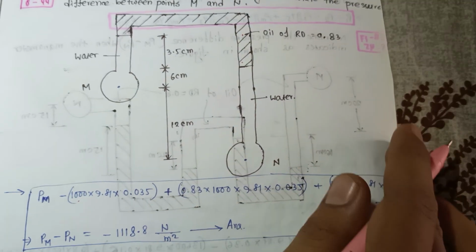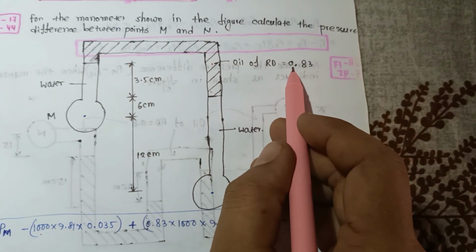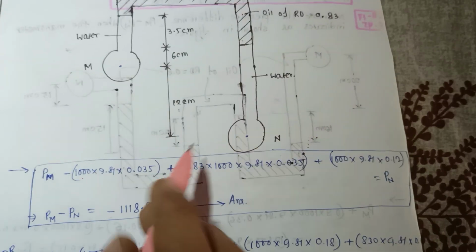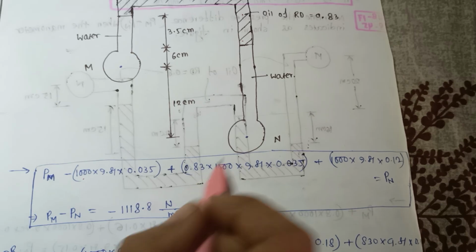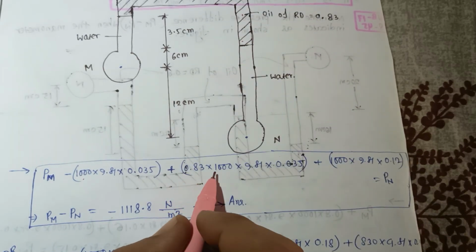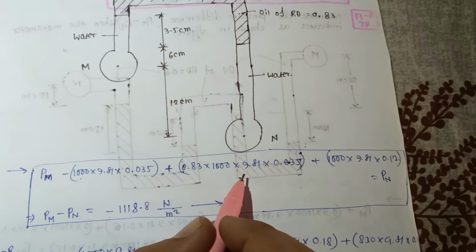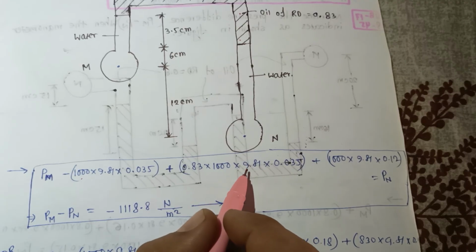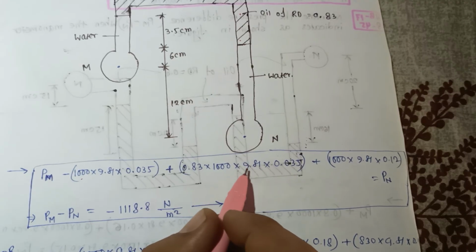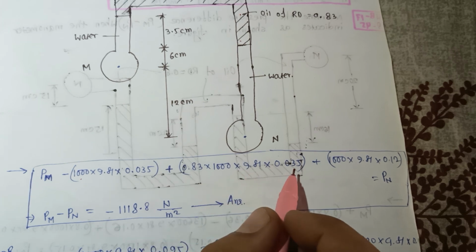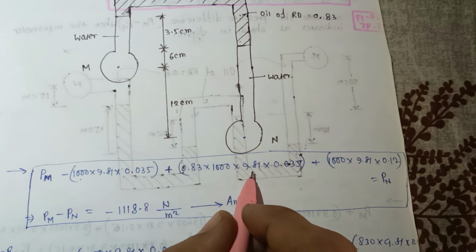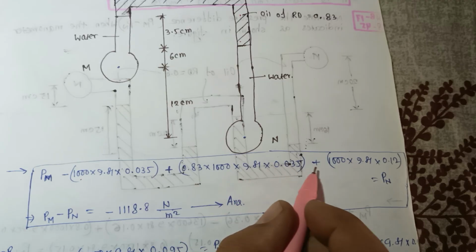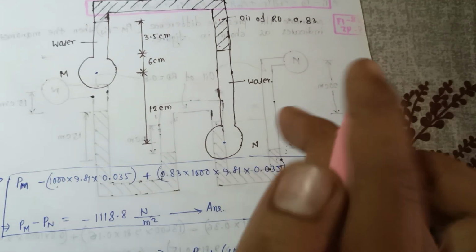The specific gravity is given as 0.83, so you multiply it by the density of water to get the density of this oil. So 0.83 into 1000 into 9.81, the gravity value, and the distance 3.5 centimeter, so this will be 0.035 meter.